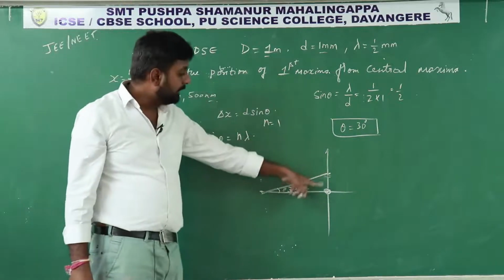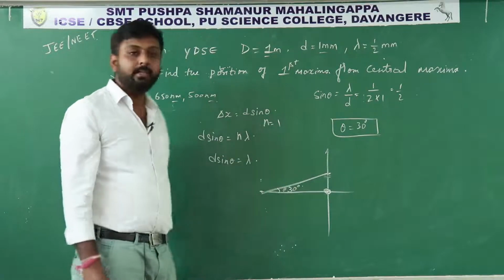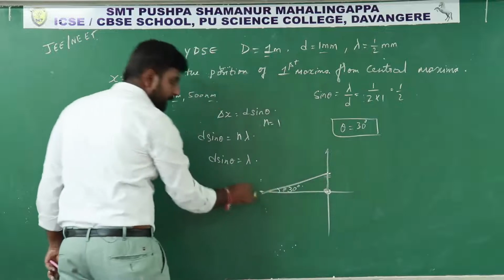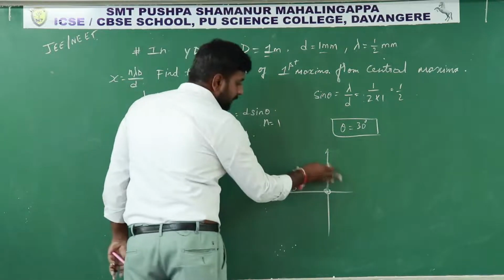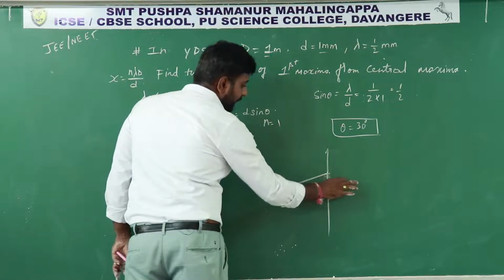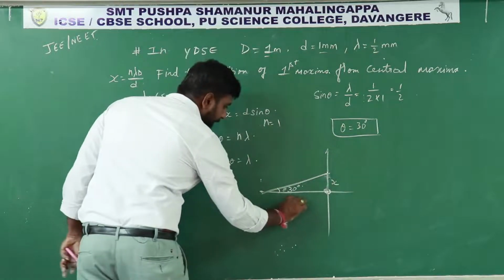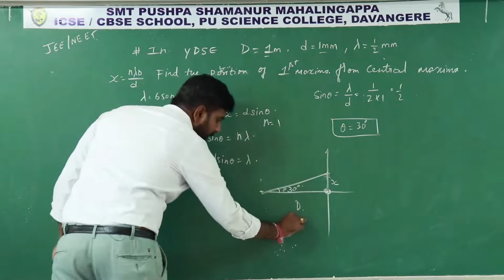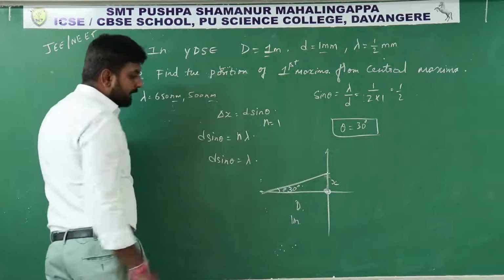It is at 30 degree from the central maxima. This is the linear position, this is the angular position. So we have to find the linear distance, right? The x value we have to find. This is capital D, which is 1 meter, and theta is 30 degree.